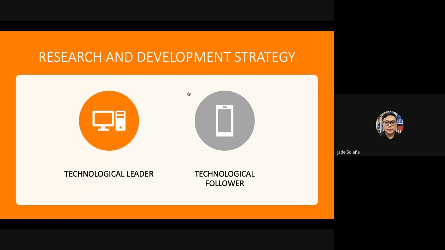So one of the R&D choices is to be either a technological leader, pioneering an innovation, or a technological follower, imitating the products of competitors. One example of a leader in R&D is Nike Incorporated. This company has utilized a leader R&D functional strategy to achieve a differentiation competitive advantage.